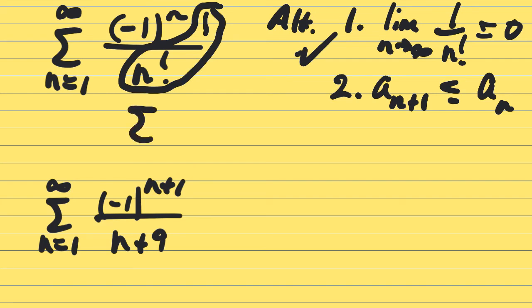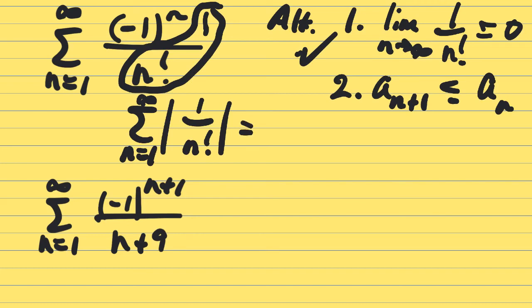If we absolute value, one's always positive, n factorial is always going to be positive. Is that still a convergent series?